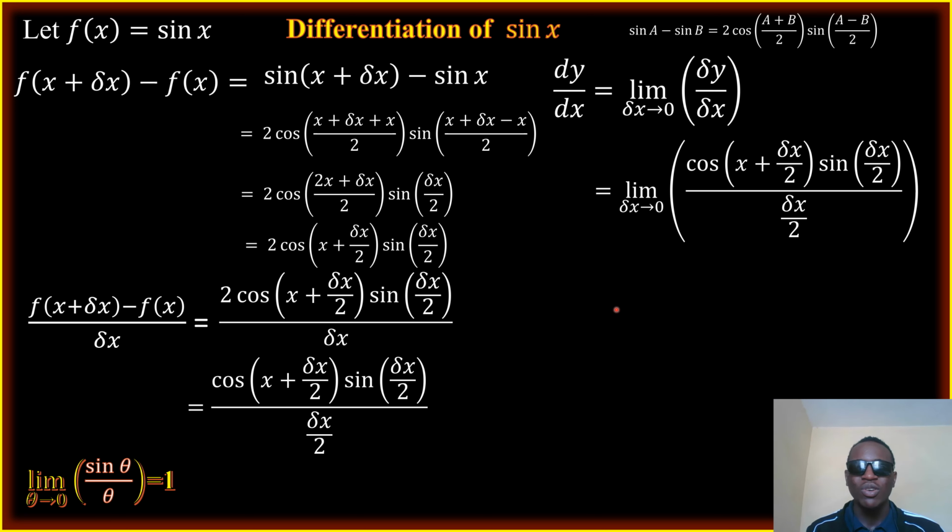Now, the beauty of the game: while we were multiplying the numerator and denominator by half, it was to create this ratio, this divided by this y. So we are going to separate these two parts. This is like multiplying a whole number times a certain fraction.